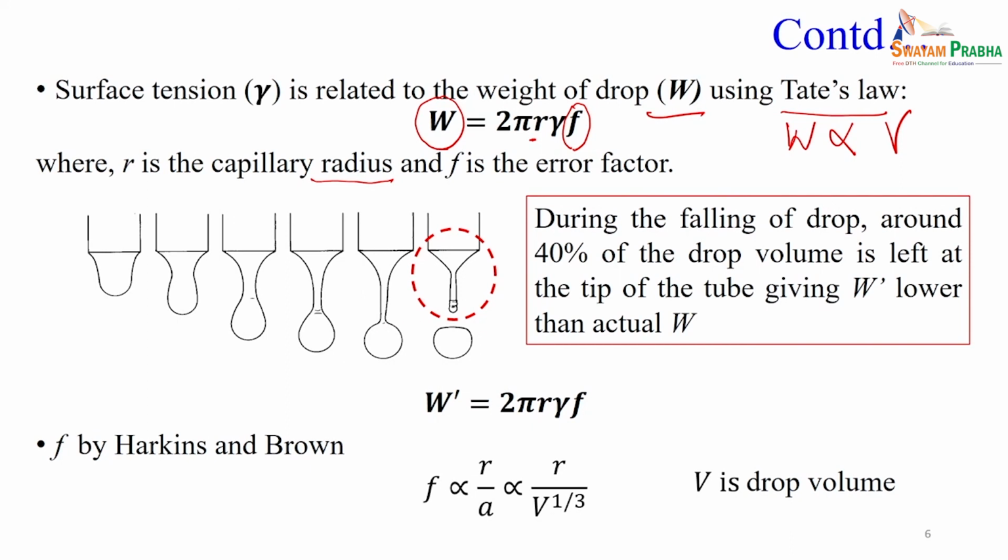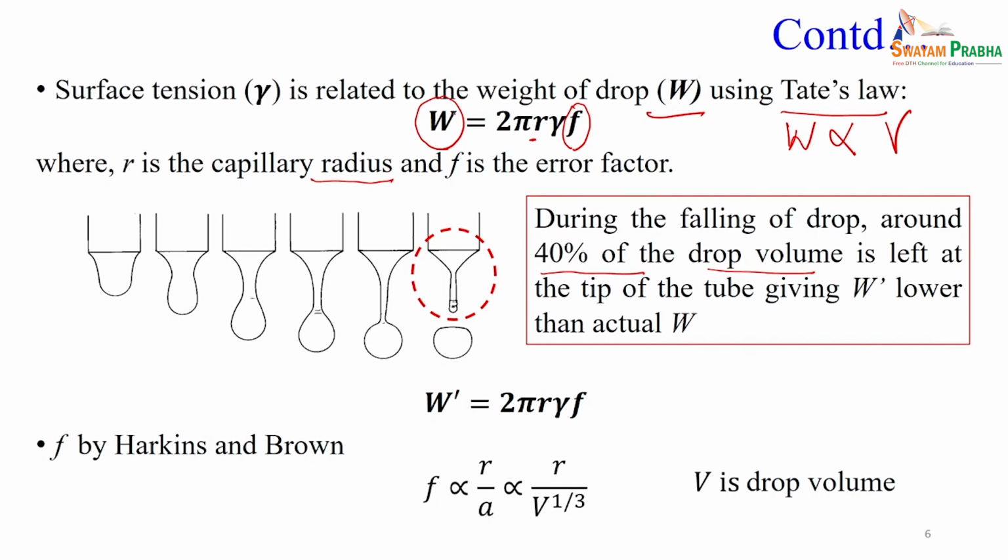Now, if you see, it is detaching from here, but again some volume of the liquid is still attached to the capillary, and it is found that about 40% of the drop volume is left at the tip of the tube. So, in that case the actual drop volume is lower than what it should be.